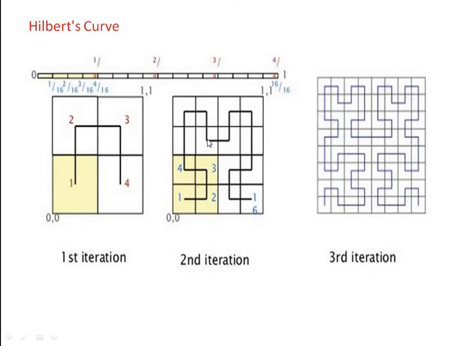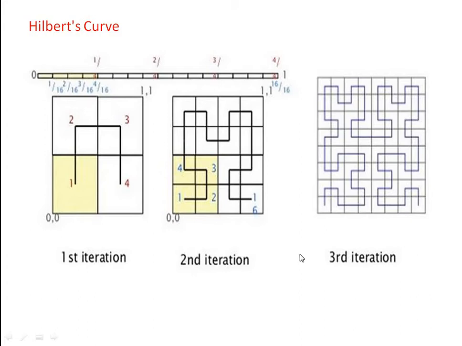Then we move to the right side, that is the right top, and for this quadrant we again start the first, second, third and fourth. Then we move to the bottom right hand side, and we again start the first, second, third, fourth. By using these steps we draw the curve. Here is the first iteration, then the second iteration.